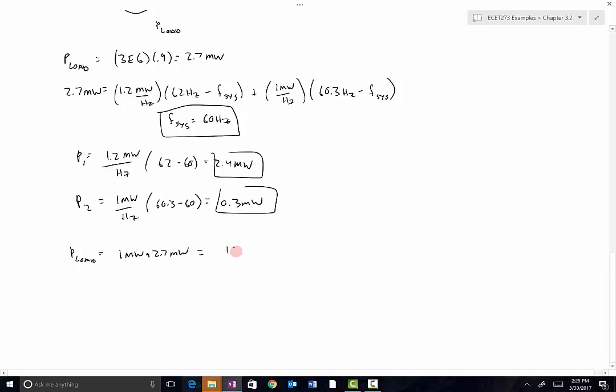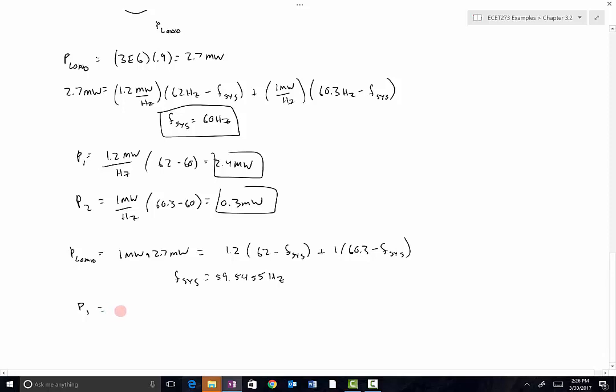So that's still 1.2 times 62 minus FSys plus 1 times 60.3 minus FSys. And in this case, we can solve for a system frequency of 59.5455 hertz, so a little bit of a decrease in system frequency.